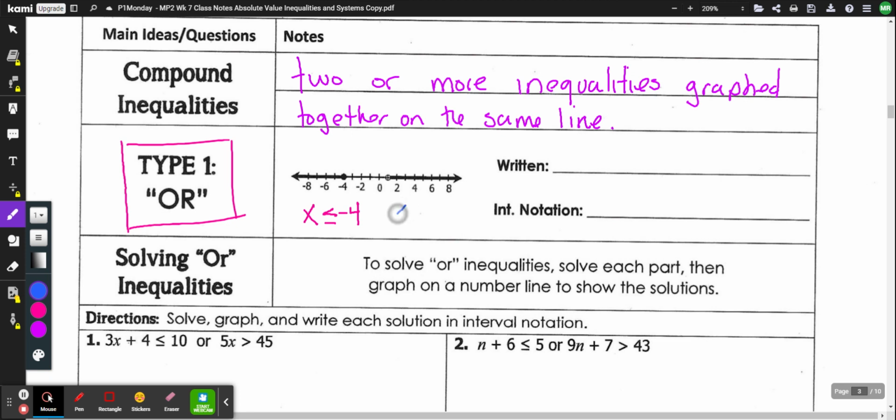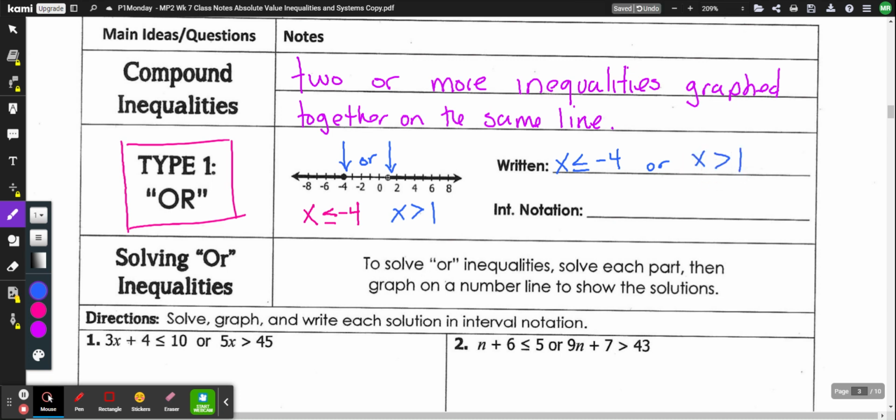So that one is going to be x is greater than 1. The or part is like this space that's in the middle. Okay, so you have two inequalities, and we would write that as two inequalities. x is less than or equal to -4, or x is greater than 1.